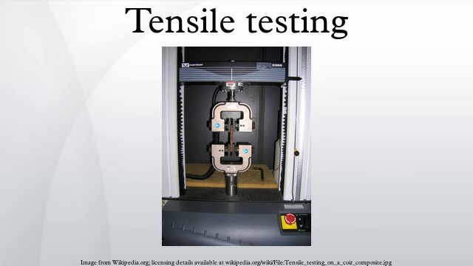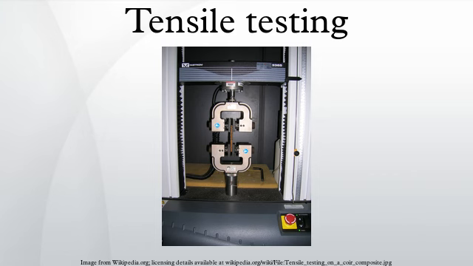Standards, metals: ASTM E8/E8M-13, standard test methods for tension testing of metallic materials; ISO 6892-1, metallic materials, tensile testing, method of test at ambient temperature; ISO 6892-2, metallic materials, tensile testing, method of test at elevated temperature; JIS Z 2241, method of tensile test for metallic materials.